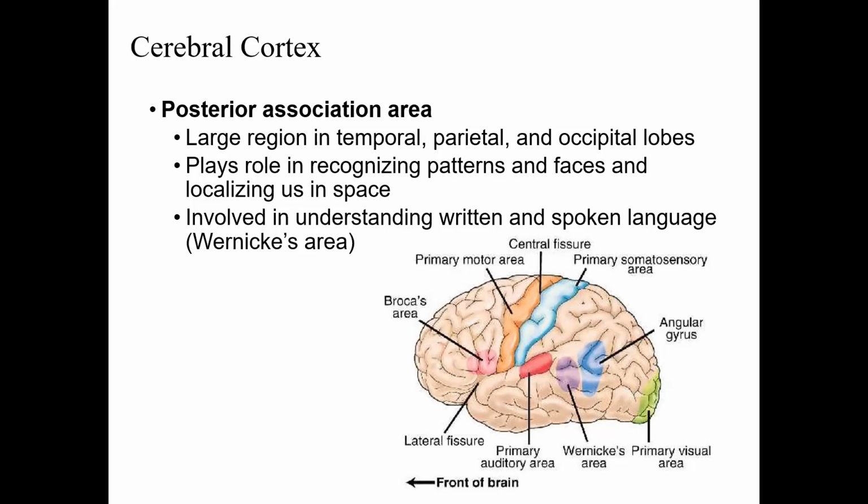We recognize odors. We know where we are in space. Our proprioceptors dump into here, telling us where we are. We understand the written word. We understand the spoken word. This is where Wernicke's is at play. So all of this is in the posterior association area.